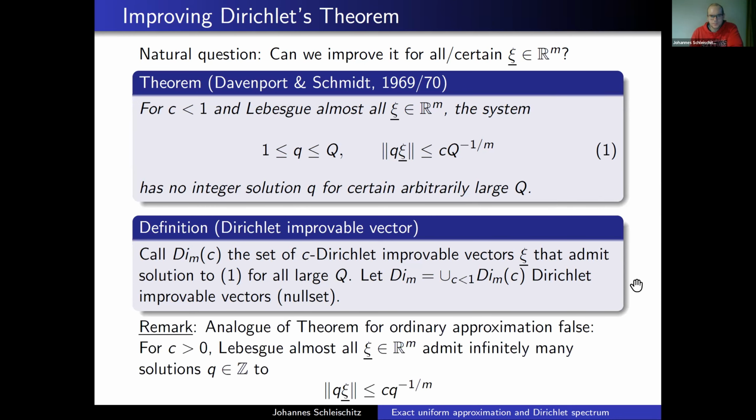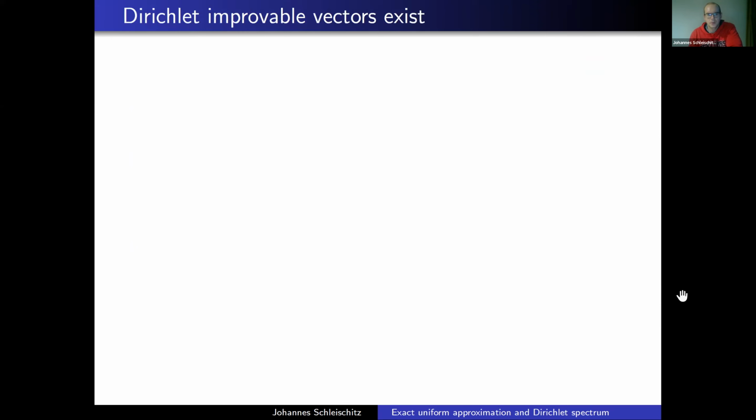Just a remark, the analog for ordinary approximation of this theorem above would be false. The last inequality would normally have infinitely many solutions. You can even take c as some function which decreases to 0 not too fast. This is the Khinchin-Jarník theory. So uniform approximation is really a bit different from a metrical sense. Let me go to the next slide.